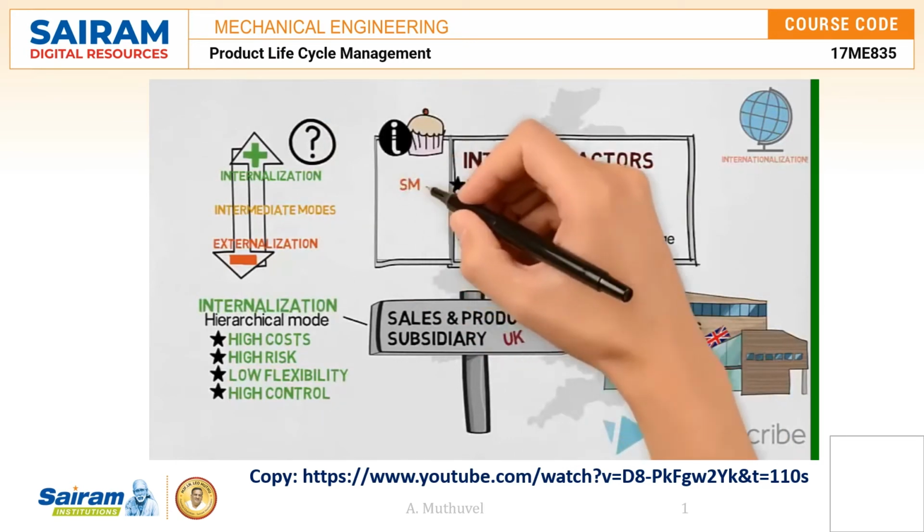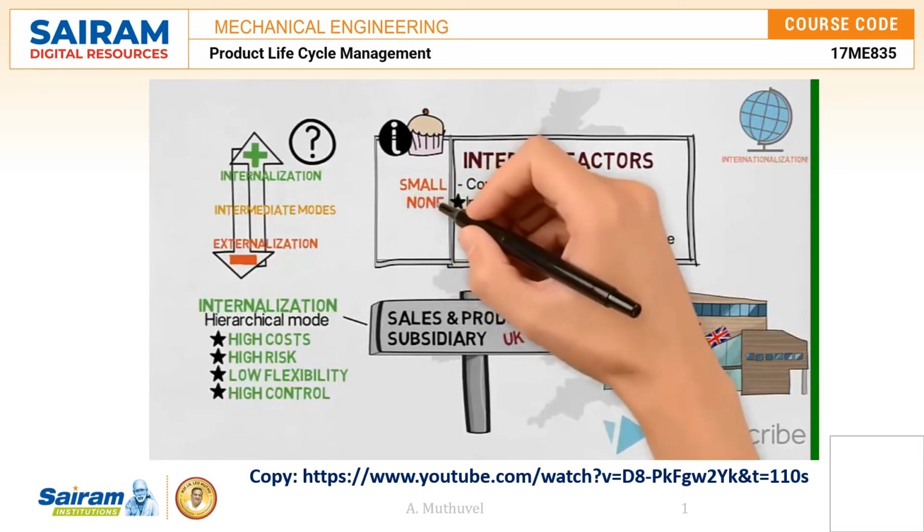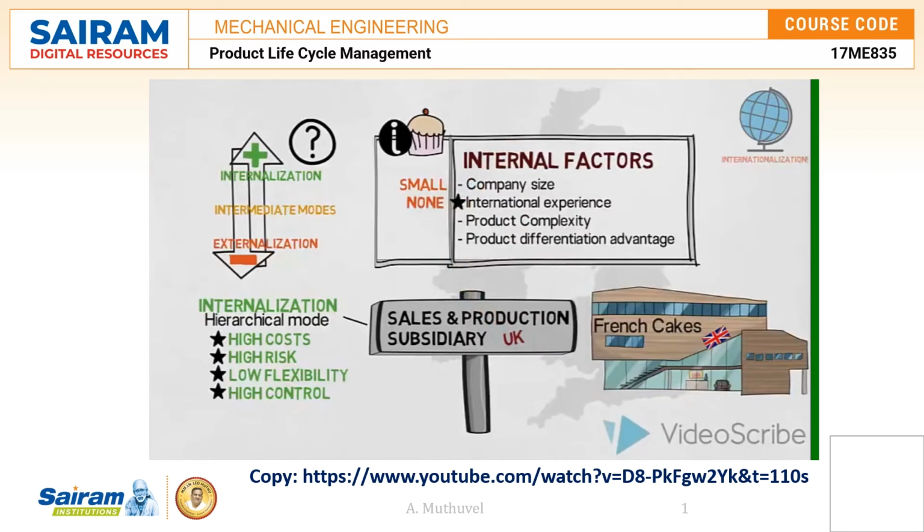French Cakes is a small company. Their resource availability is low, and therefore a large investment would be risky. They have no international experience. Making use of an external partner's expertise might prove advantageous. The cakes and desserts are not technically complex.